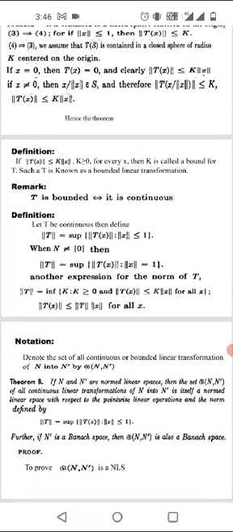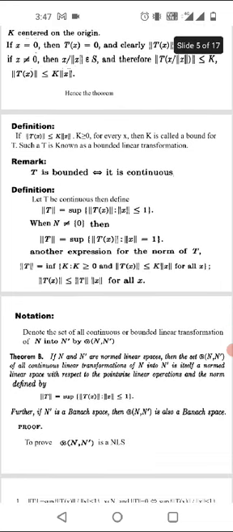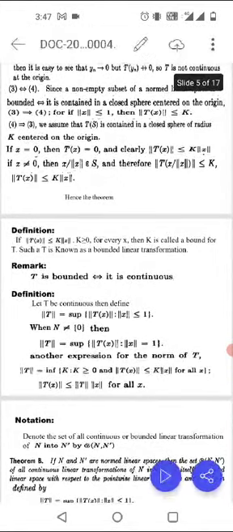We consider the remark: if T is bounded, then it is continuous. And next definition: if T is continuous, then we define norm of T equal to the supremum of norm of T of x such that norm of x is less than or equal to 1, and equivalently the supremum of norm of T of x such that norm of x equals 1.